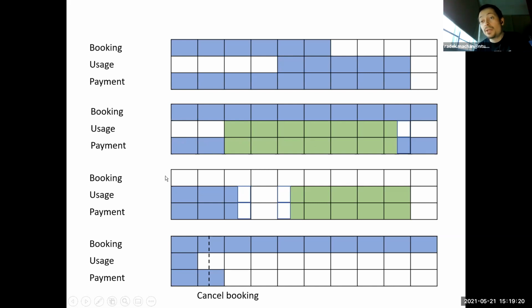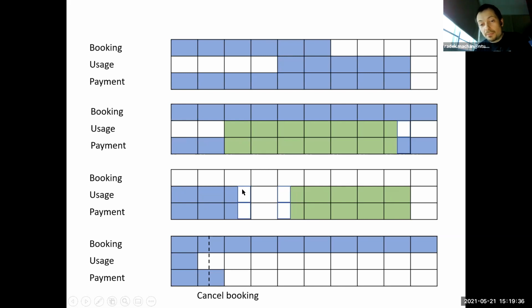If there is no booking, but user A is using some time slots, then user A will pay for those time slots. User B is using different slots, so user B will pay for different slots.